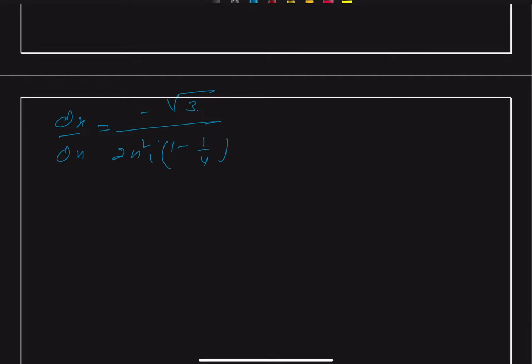This gives us minus square root of 3 over 2n squared, over the square root of 4 minus 1 over 4, that is square root of 3 divided by 2. So here the square root of 3 and the 2 go away, and we are left with 1 upon n squared.